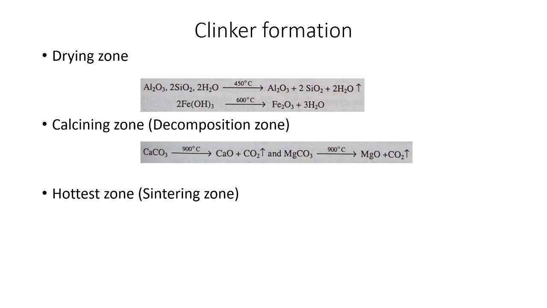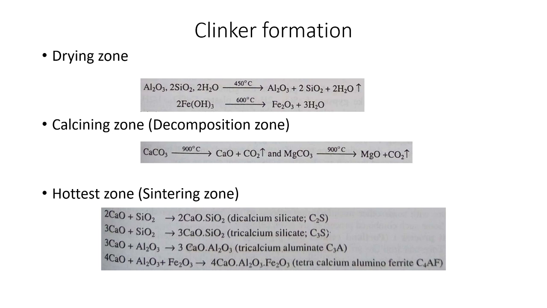There are two important raw materials I told you about at the beginning of this chapter, that is lime and silica. These two combine in this hottest zone in different proportions to undergo different reactions as shown here. Here C2S, C3S, C3A, C4AF all get formed, and the reactions are as shown here.